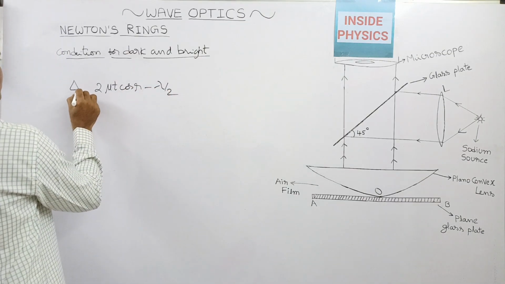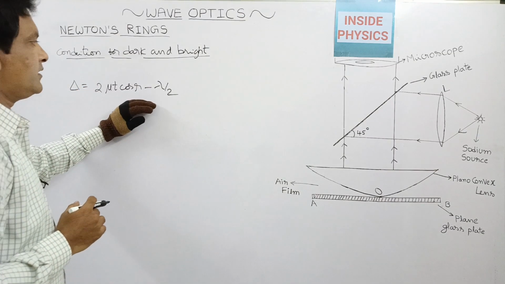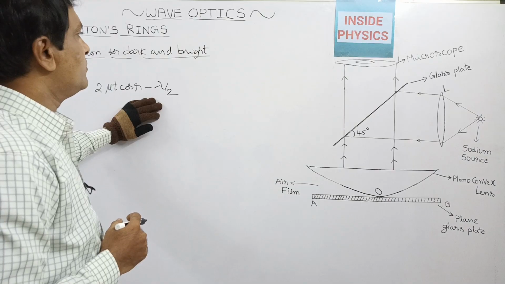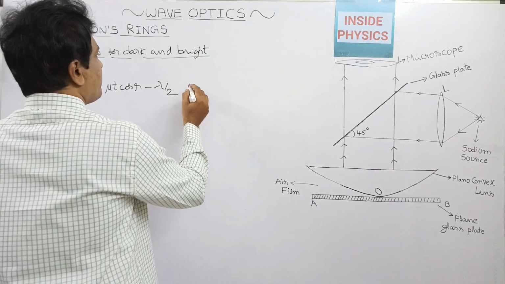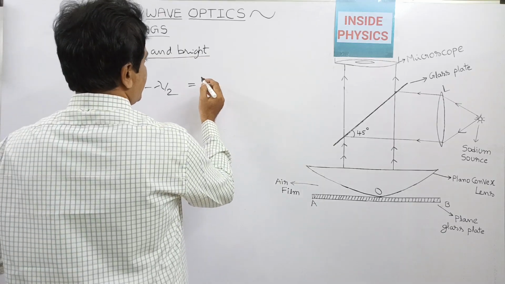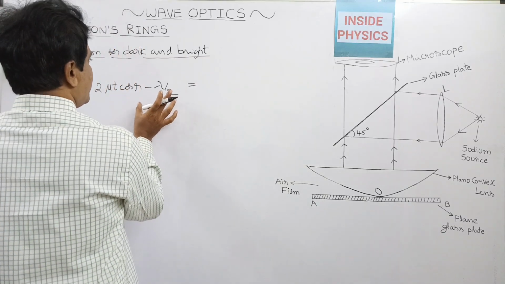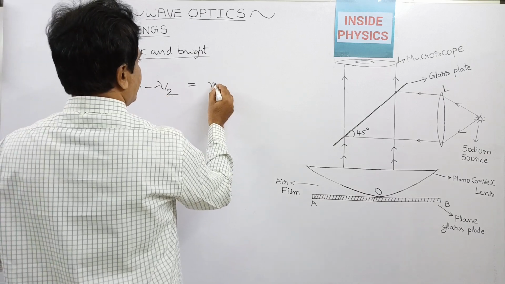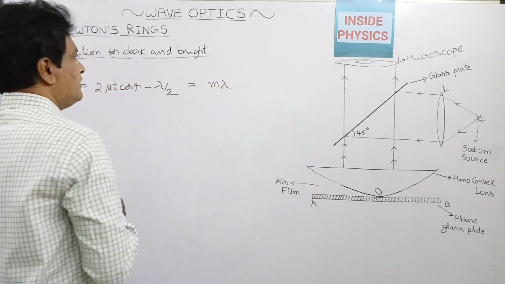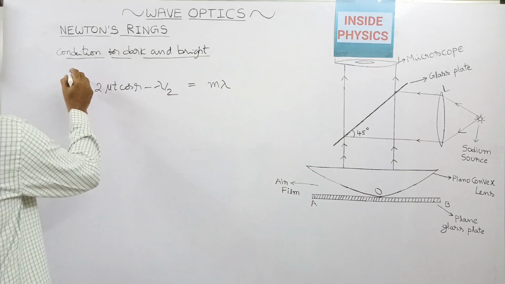This is the optical path difference. The condition for forming a bright fringe is that the optical path difference must be an integral multiple of lambda. Okay, this is the condition for bright fringe.